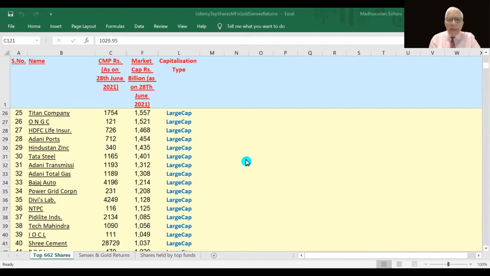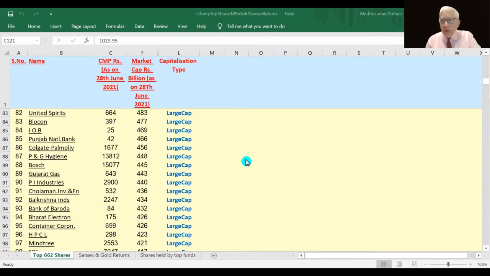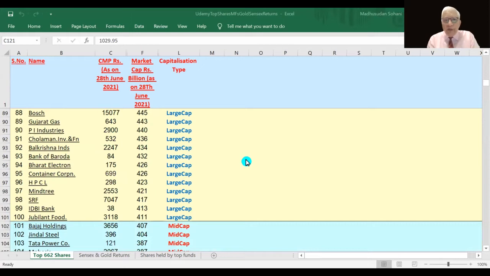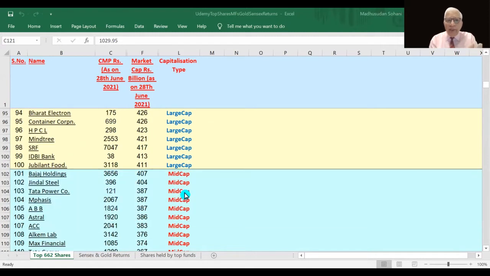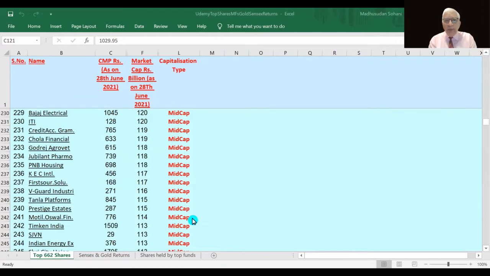So these 100 shares which are designated as large cap, if a mutual fund buys predominantly in these large cap shares, then it's a large cap mutual fund. The definitions are simple. A fund investing in large cap shares is a large cap mutual fund. A fund investing in mid cap shares is a mid cap mutual fund, and a fund investing in small cap shares is a small cap mutual fund.